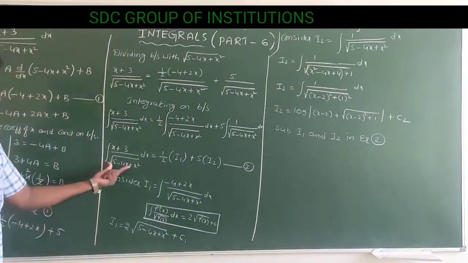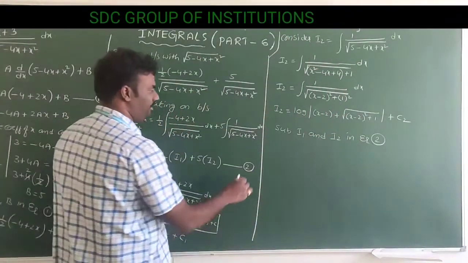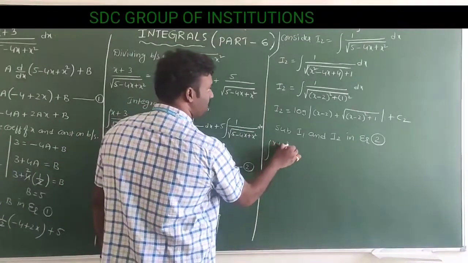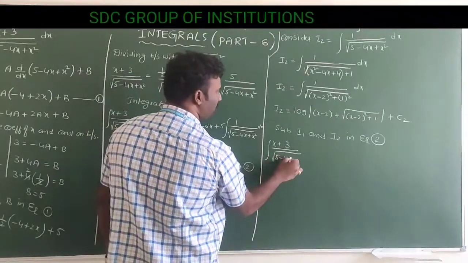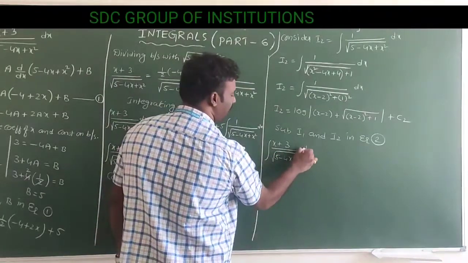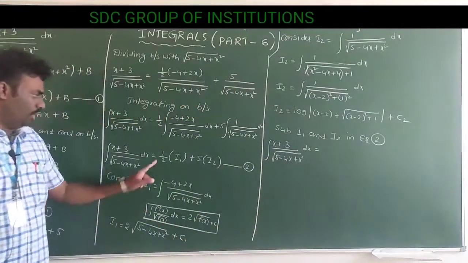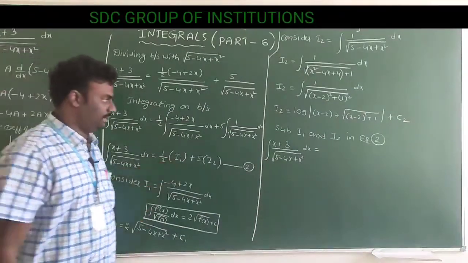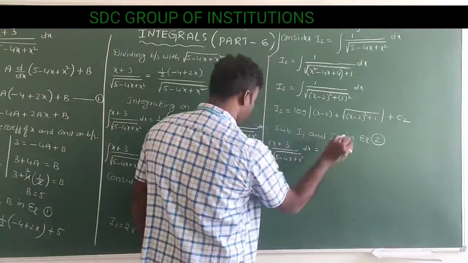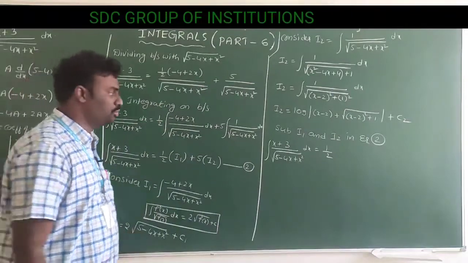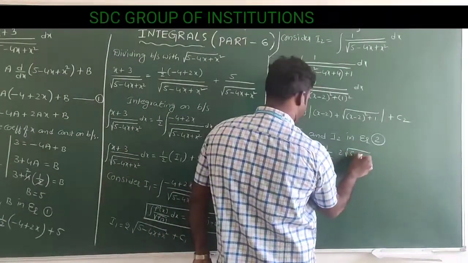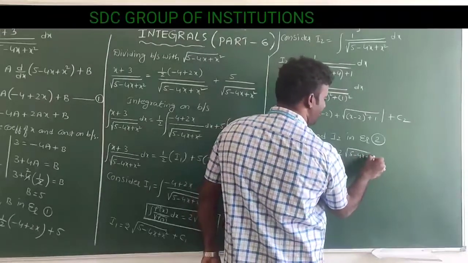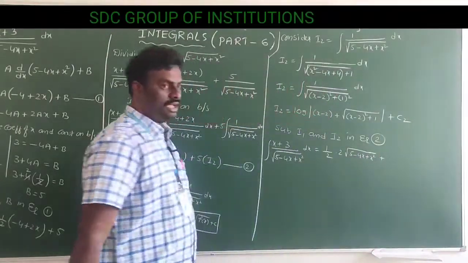In equation 2, the left side is the integration of x plus 3 by under root of 5 minus 4x plus x square dx, which is equal to the right side, 1 by 2 into I1. 1 by 2 into I1 is 2 root under root of 5 minus 4x plus x square. I am not taking the constant, I will take it last.